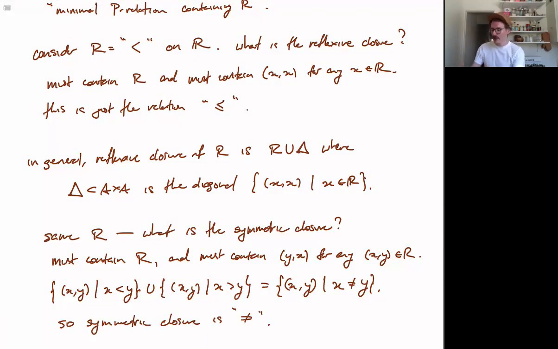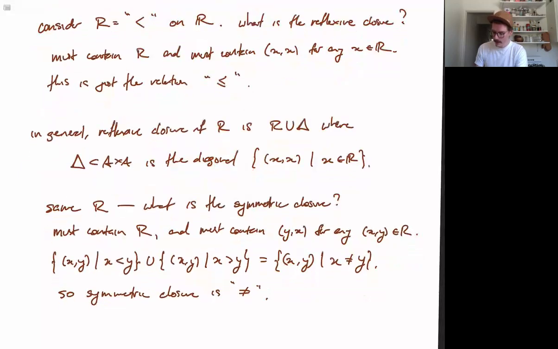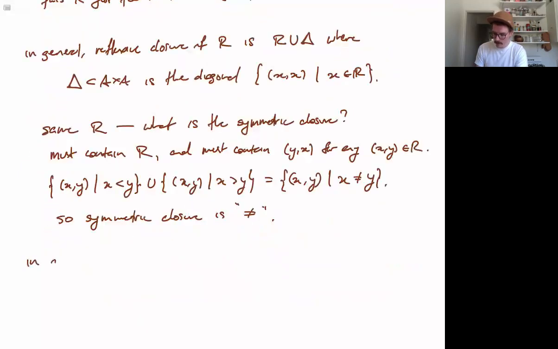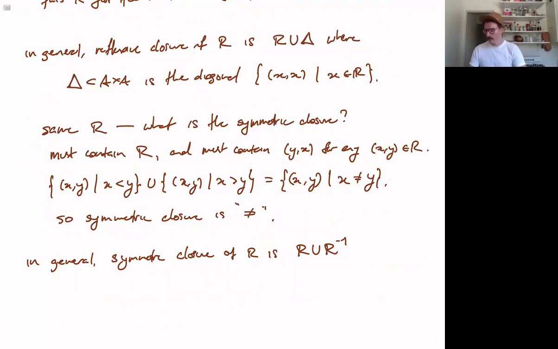And again, we can make a general picture out of this. In general, the symmetric closure is gotten by taking R union R inverse, where R inverse is exactly what we did here, where you just swap the order.